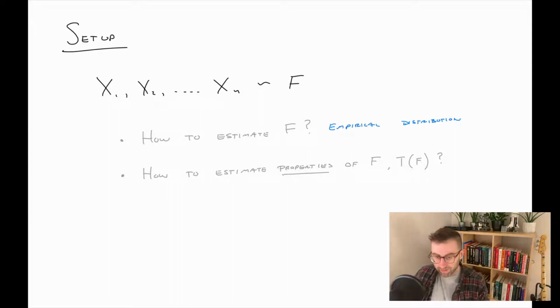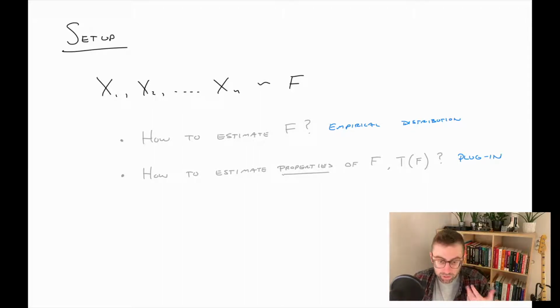Then the next obvious follow-up question would be, well, maybe we're not interested in the distribution itself, but some property of that distribution, which we've been denoting by T of f, which we've called a statistical functional. The way we do that is to utilize the empirical distribution that we already have, and then something called the plugin principle to create a plugin estimator. So those are two super generic techniques. One is for estimating a distribution, and one is for estimating properties of said distribution.